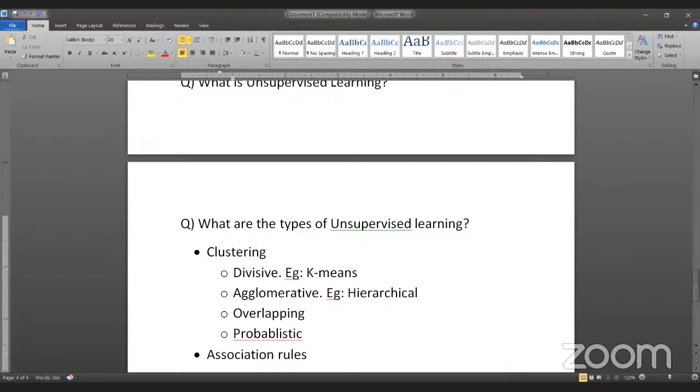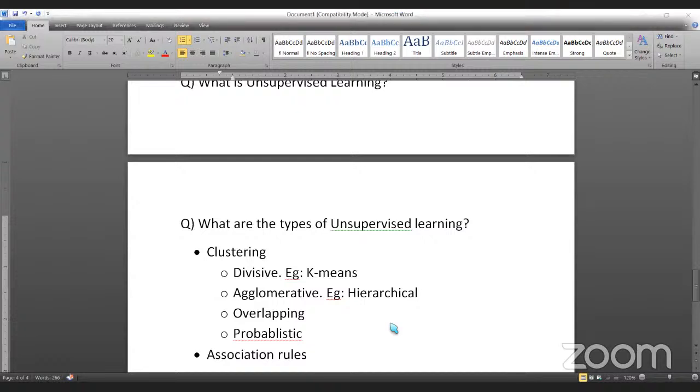Okay, then what is overlapping and probabilistic? Let's see. In the overlapping technique, we use fuzzy sets to cluster data. So here each point may belong to two or more clusters with separate degrees of membership. The data can be associated with multiple clusters with some membership value.